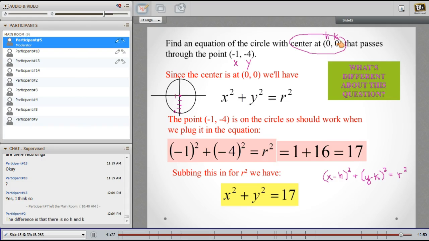That's what happened. They plugged 0 in here and here because the center is at 0, 0. And so you end up with just -1 and -4. Okay, so then they found the radius, and then they started over, now that they have the radius, plugged in h and k and r, like we've been doing, to find the equation.